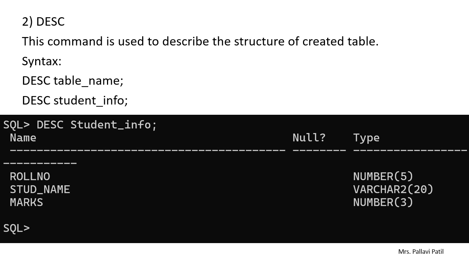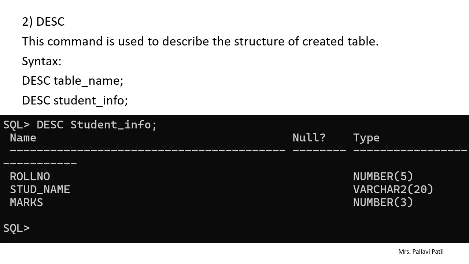Right now we have created the student info table, so we use the example DESC student info. If I run this command, DESC student info, then you can see how it describes the information, that is, the names of the columns: we have created roll number, student name and marks.